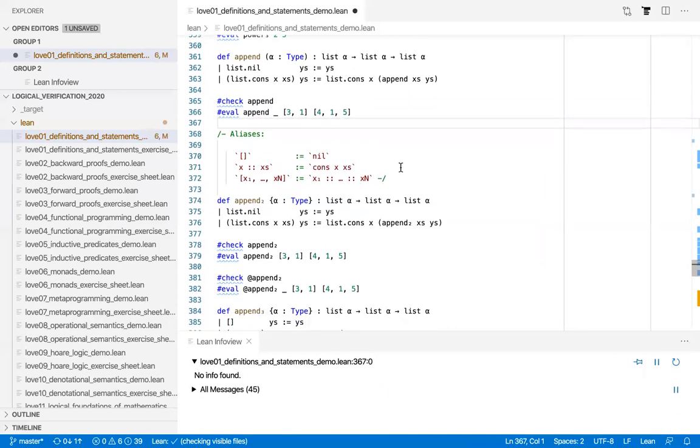So we see a bunch of aliases here. Square bracket is a synonym for nil. We haven't seen this one yet. Colon, that's a synonym for cons. That's quite convenient when you start building longer lists, instead of cons with parentheses and so on. And then especially the square bracket syntax with several elements can be defined in terms of cons.